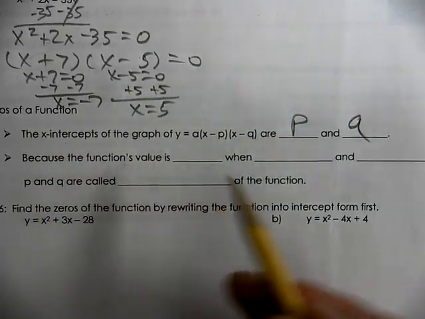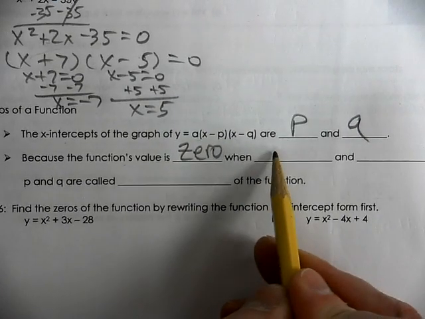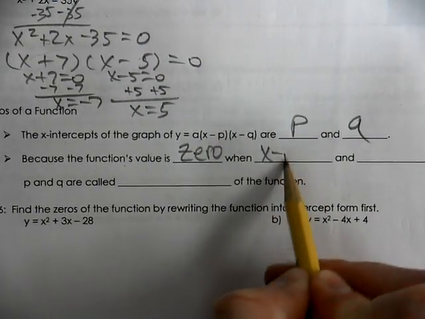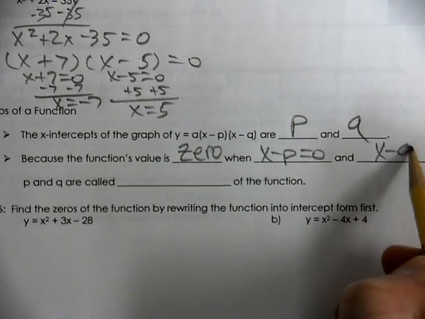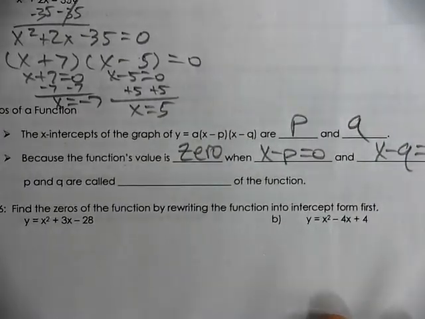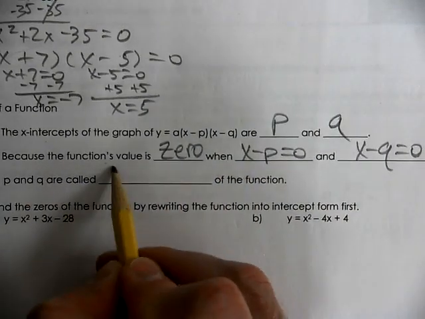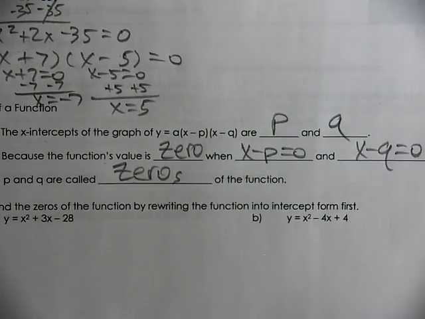Because the function's value is 0, when x minus p equals 0, and when x minus q equals 0, p and q are called the zeros of the function.